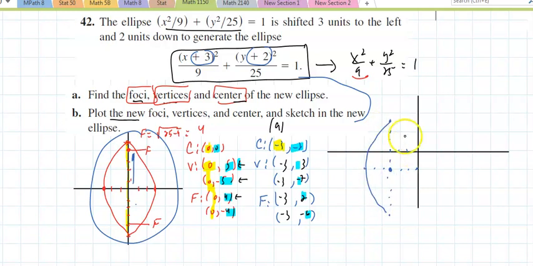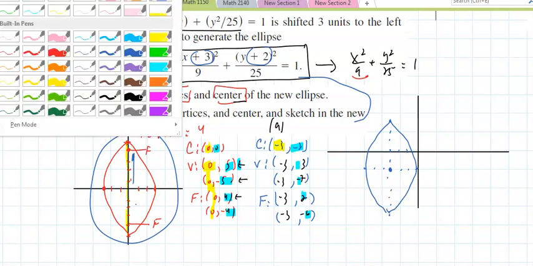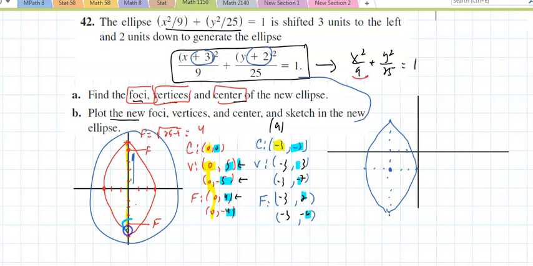Connect those. There's the graph. And did you notice that something's not right? Actually, it is right. The focus was 1 unit away from. I could just label that without even doing any work. Everything's there already.